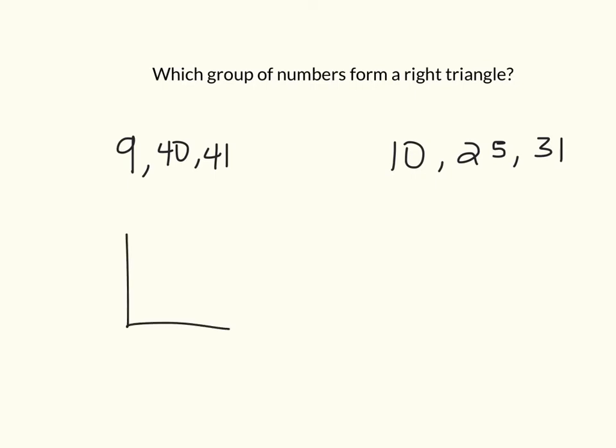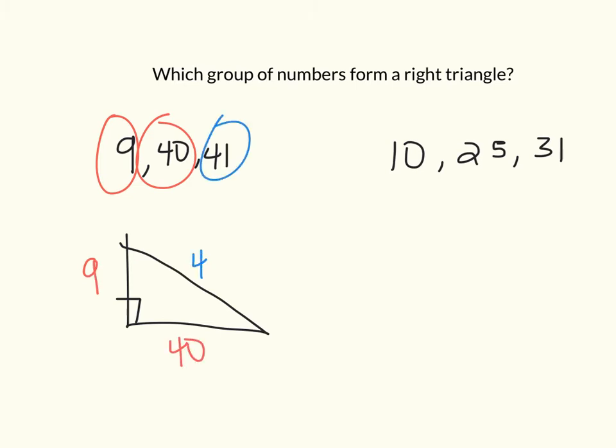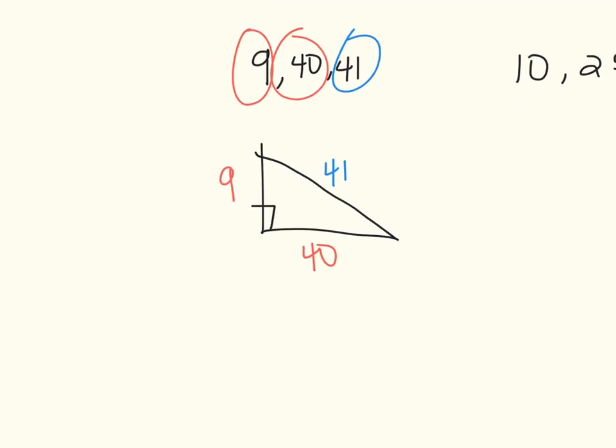All right, starting here on the left, I form my right triangle. My smallest two numbers are the legs. My biggest number is the hypotenuse. And so 9 squared plus 40 squared, is that going to be equal to 41 squared?